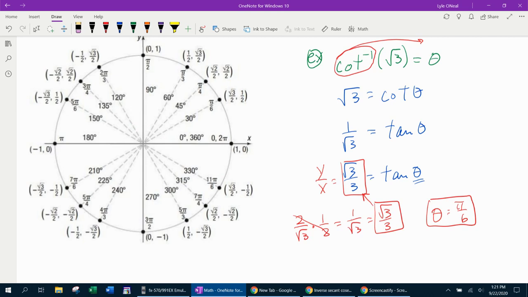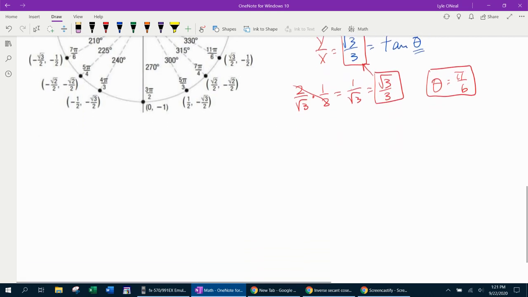Okay, let's look at the inverse secant of negative square root of 2. Okay, again, we know that an inverse trig function produces an angle theta.